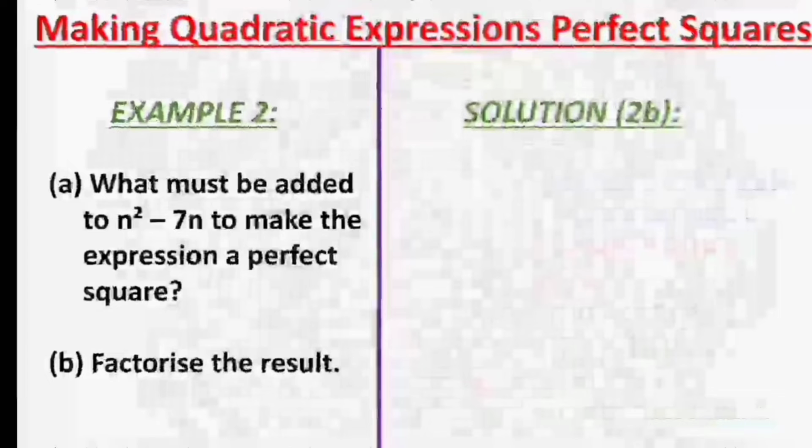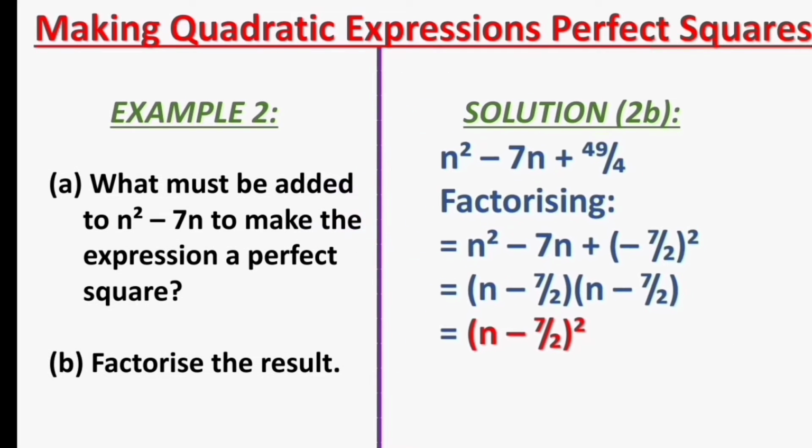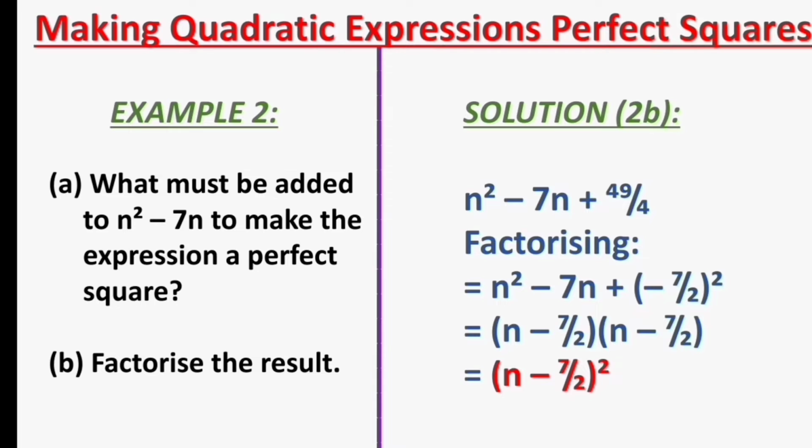Looking at the solution for question 2b, factorizing the result, we have n squared minus 7n plus 49 divided by 4. Let's factorize. 49 divided by 4 is the same thing as minus 7 over 2 squared. So factorizing, we have n minus 7 over 2 into n minus 7 over 2, because n is a square.